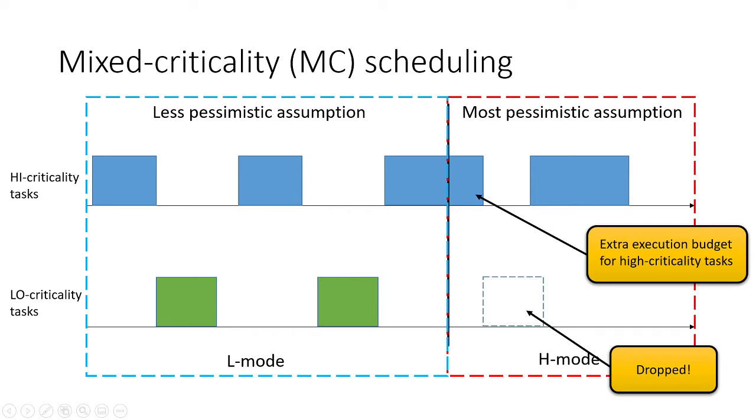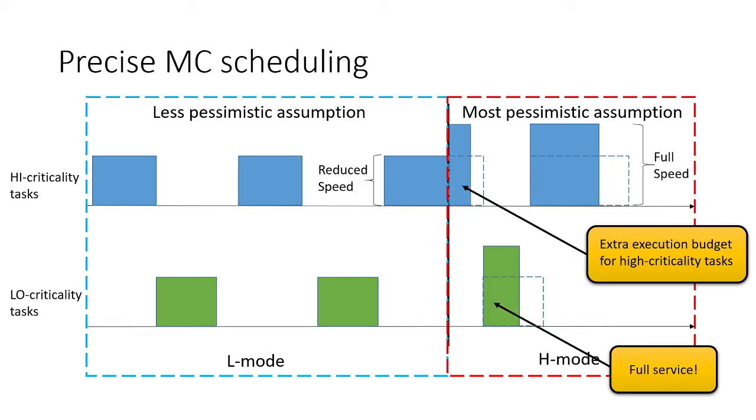But in some applications, it is argued that low criticality tasks are not equal to non-critical tasks. Dropping the low criticality tasks could be problematic. As a result, the concept of a precise mixed criticality model has been proposed, which is based on varying speed to separate the two assumptions.